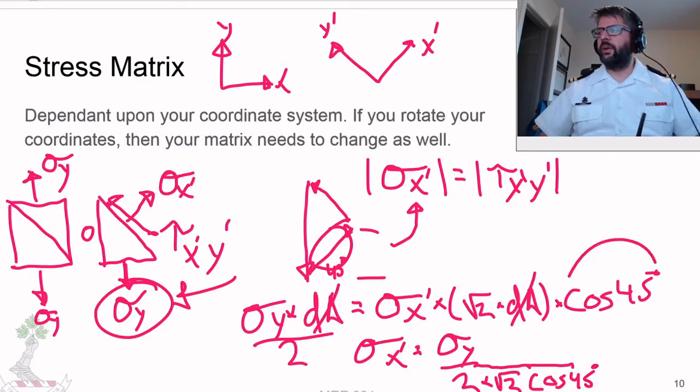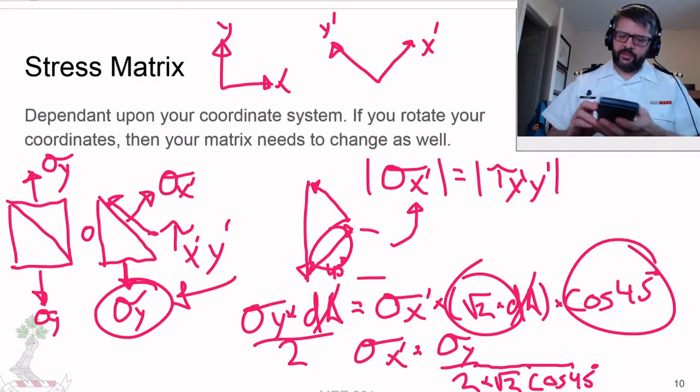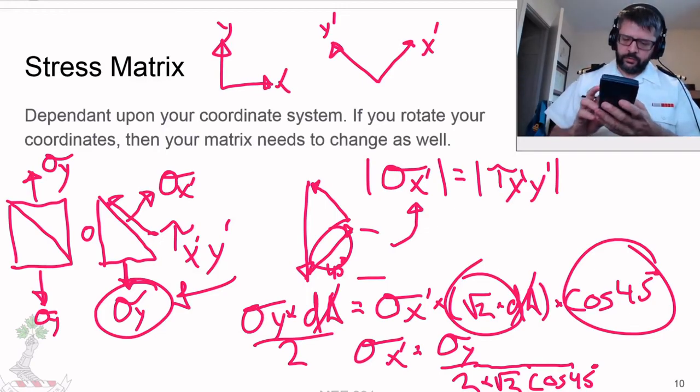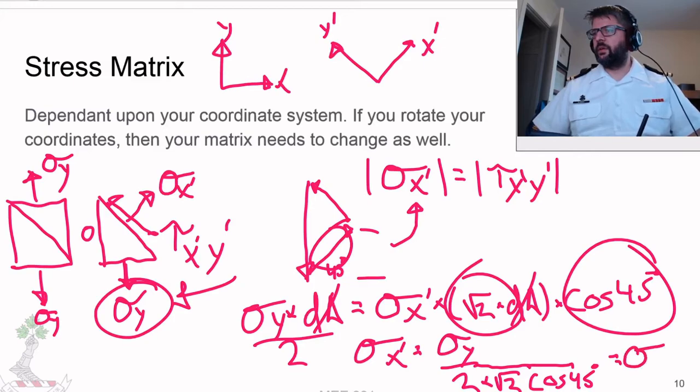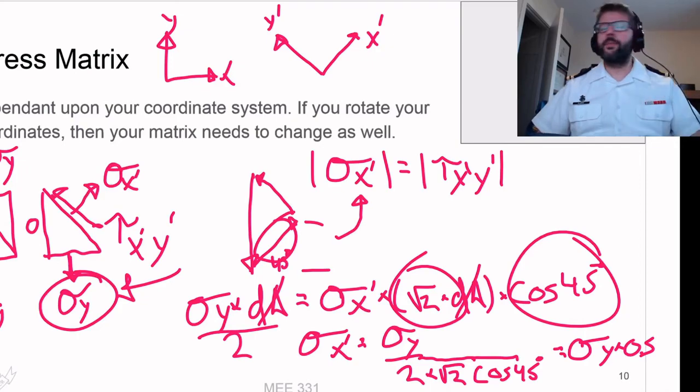So just divide out these terms, cancel out the dA's. So let's see, 1 divided by 2 times square root of 2. So that gives us half sigma y.